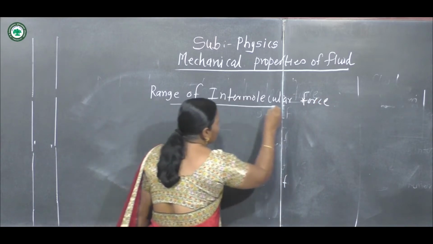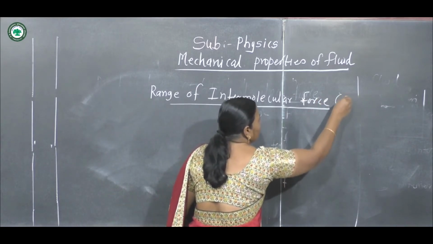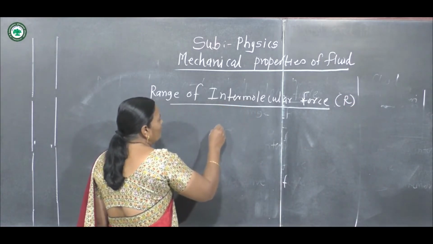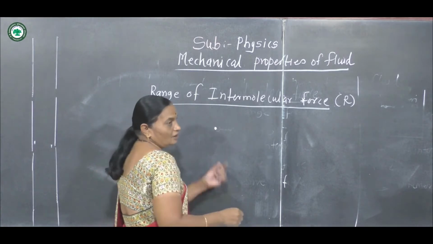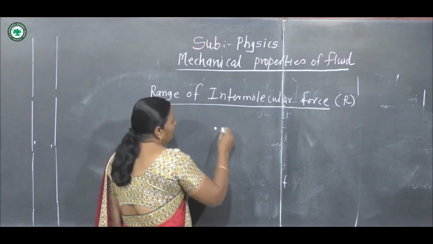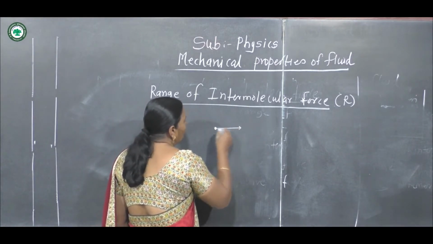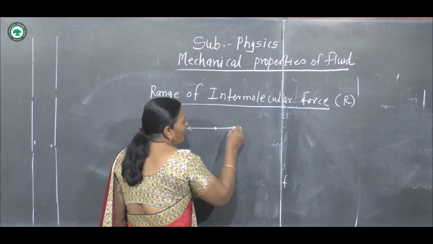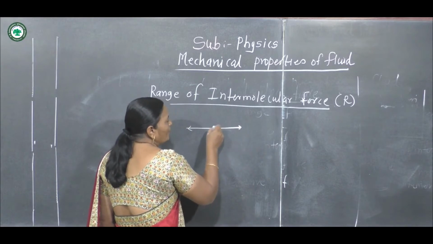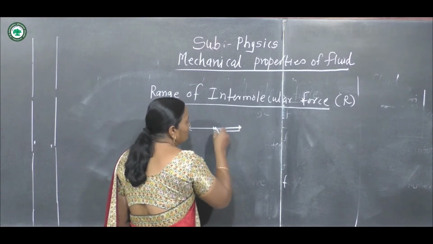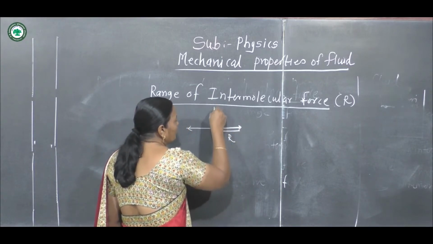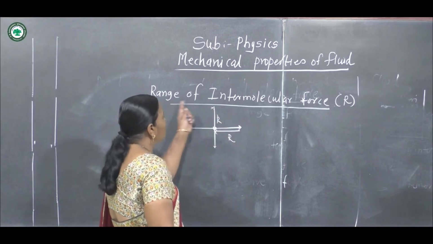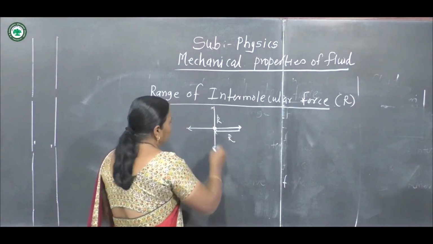What is the range of intermolecular forces? It is denoted by R. Now suppose the molecule is at the center. We know the intermolecular forces are short range forces. This is the maximum distance up to which the intermolecular forces are effective. It is called the range of intermolecular forces.